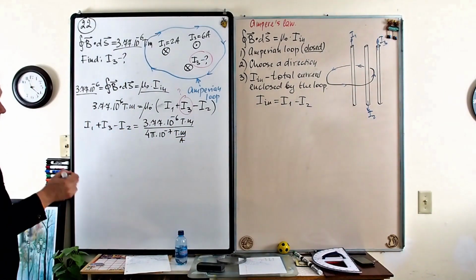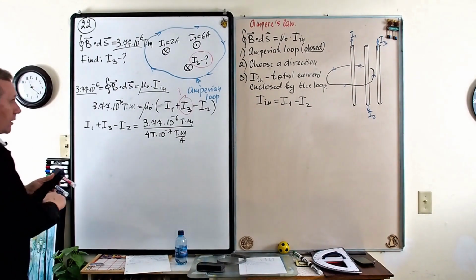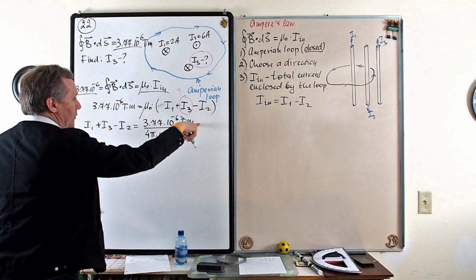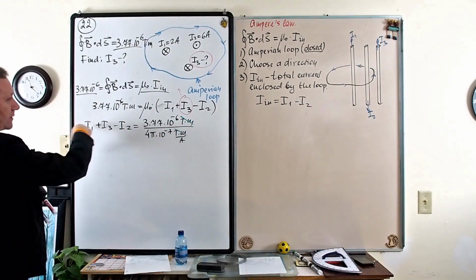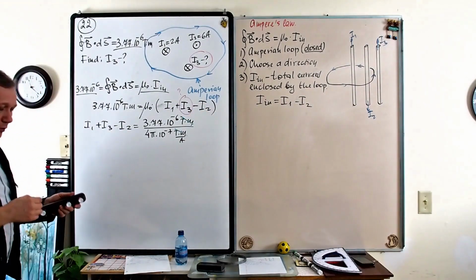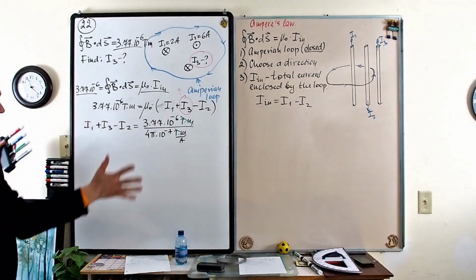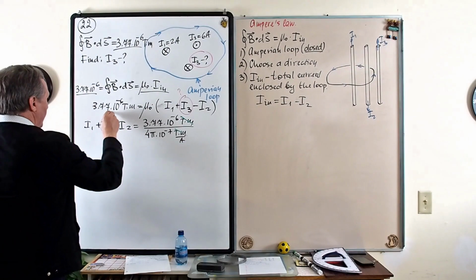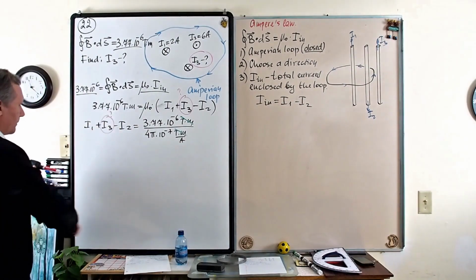You see the units actually match: Tesla times meters gets cancelled, amperes goes upstairs, and on this side we have amperes too. So in terms of units, everything is nice. And now I3 is our unknown, so let's solve it for I3.